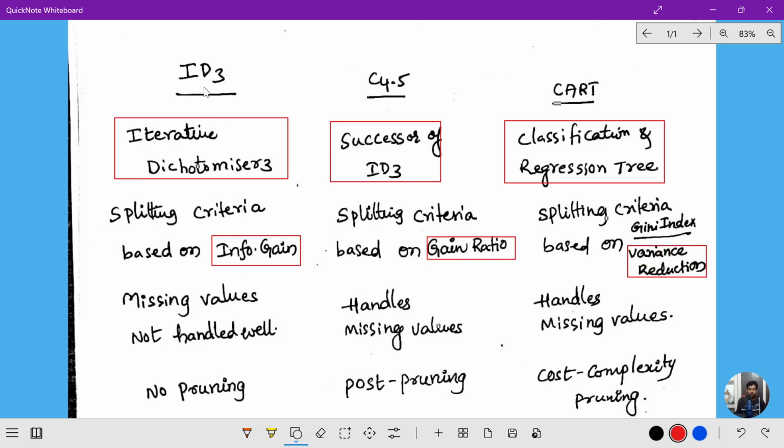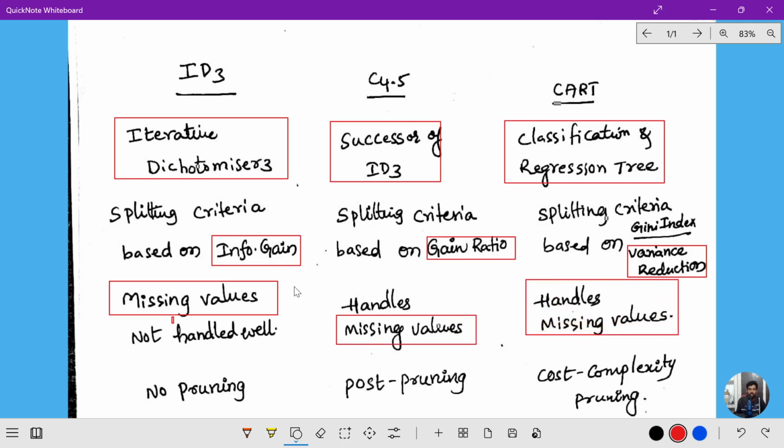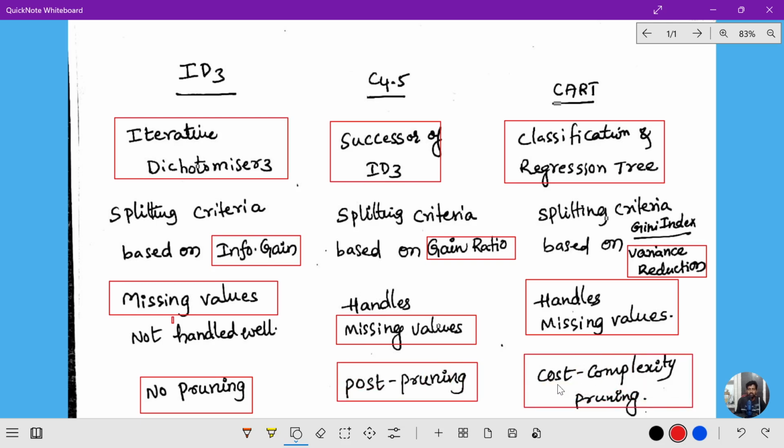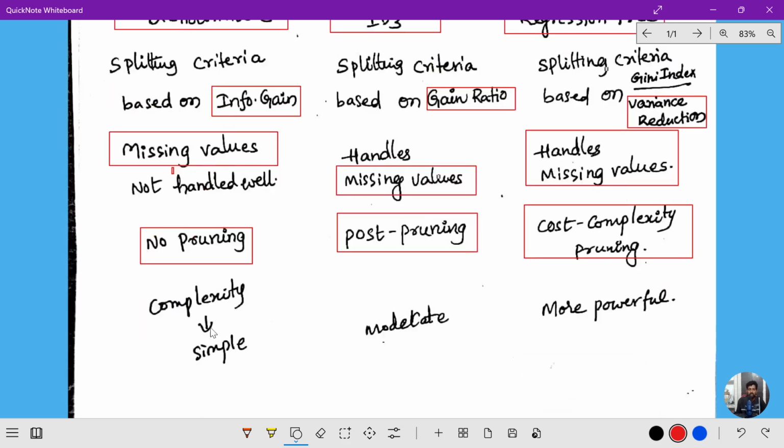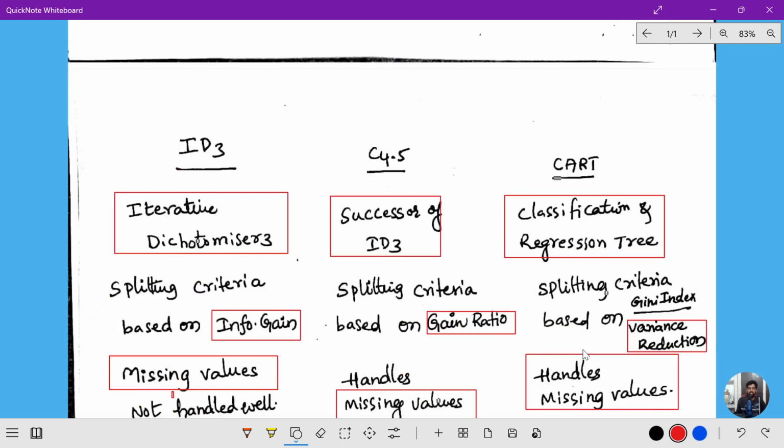Remember, ID3 does not handle missing values, while C4.5 also handles missing values. In ID3 there is no pruning concept, but in C4.5 we have post pruning. In CART we have cost complexity pruning. Finally, complexity: ID3 is simple, C4.5 is moderate, and CART is very powerful.